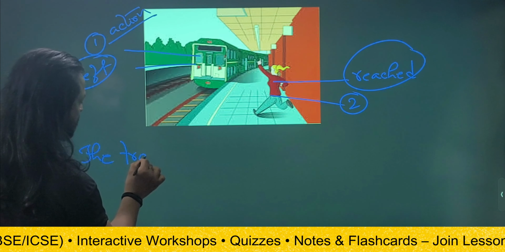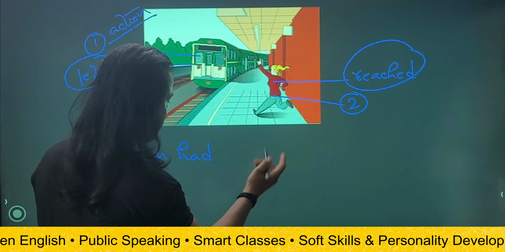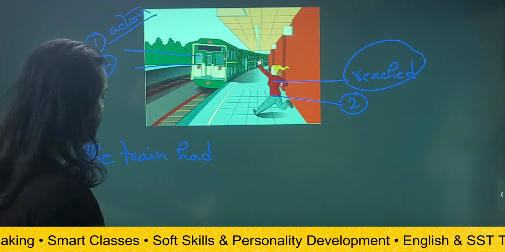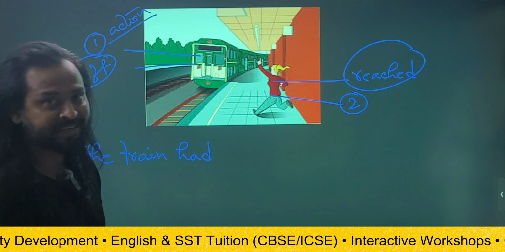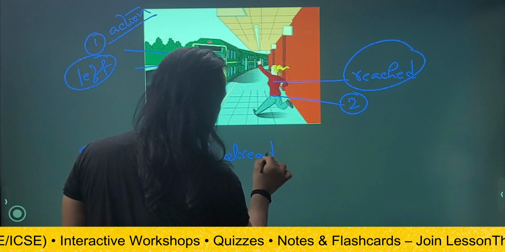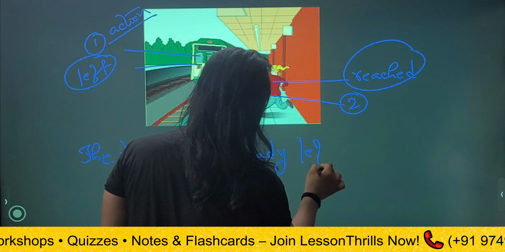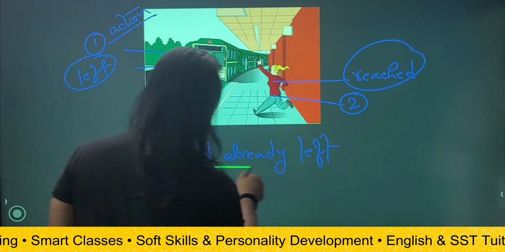So लाते हैं, the train had already left. अगर हम लिखते हैं 'the train had left', वो भी सही होगा; 'the train had already left', वो भी सही होगा। Already add कर देते हैं: the train had already left. देखिए ये है अपना past perfect tense.